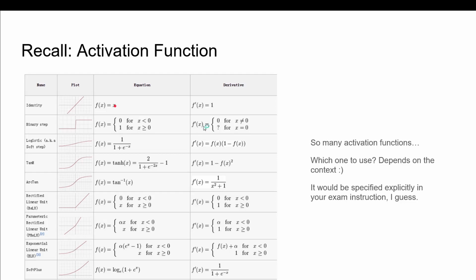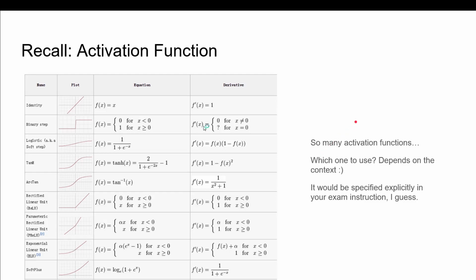If you are using identity, you are actually not using an activation function, because the input and the output are the same, so there's no use of that. There are so many of them, so which one to use? It depends on the context. For the exam, I guess it will be specified explicitly in the instructions.